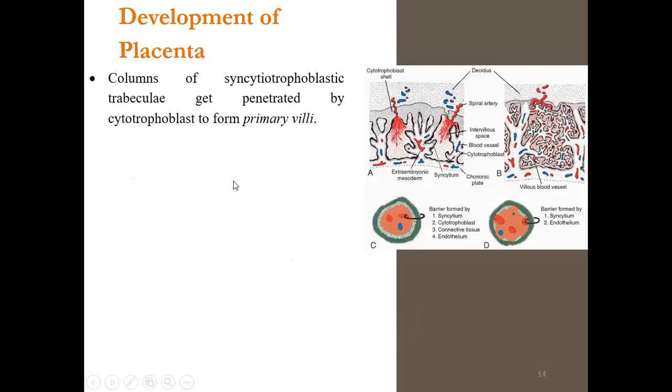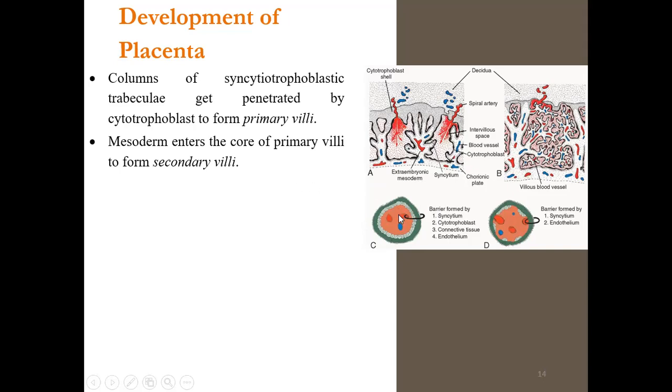Now, the development of the placenta, again in continuation. There were columns of syncytial trophoblast, the trabeculae. They get penetrated by the cytotrophoblastic cells and form the primary villi. Primary villi form in the second week of intrauterine life.